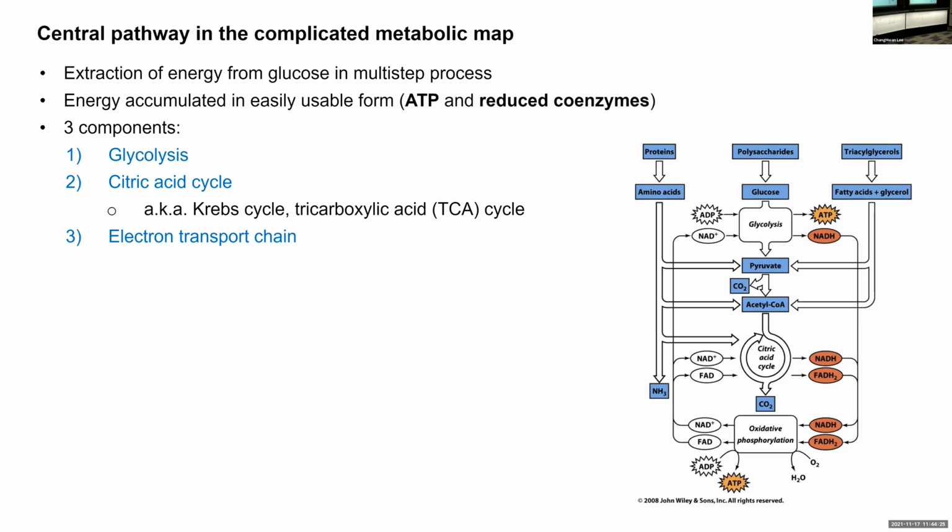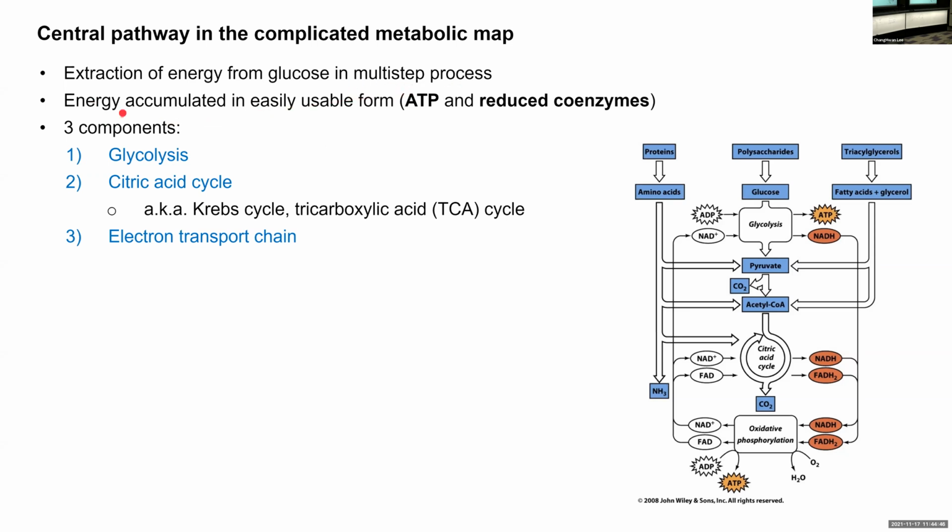Anyway, let's go back to our lecture about the central pathway. That is basically for extracting energy from glucose. That's all about glycolysis as well as some downstream pathways using a multi-step process.